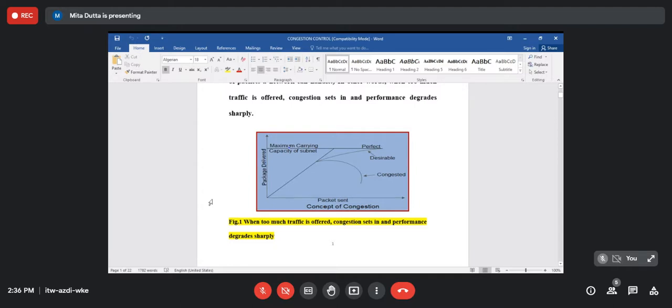Now, if more packets are sent through this network, then the delivery will be slower.